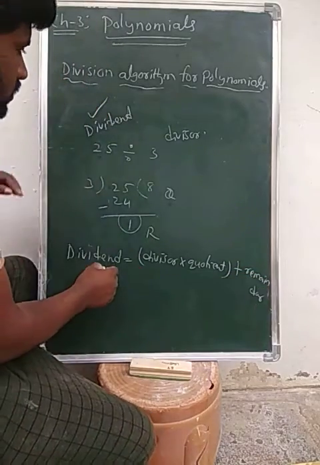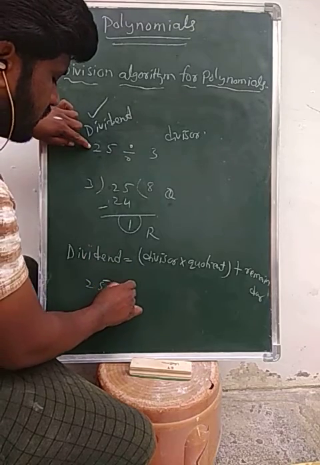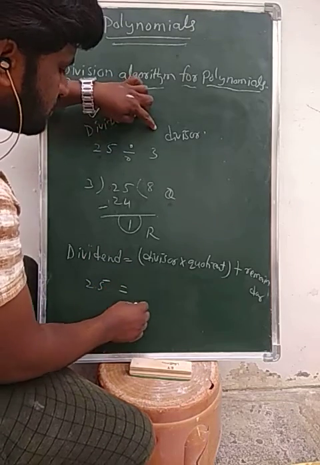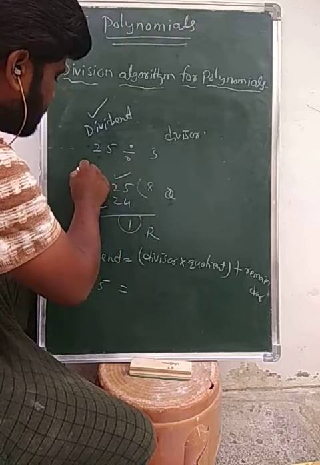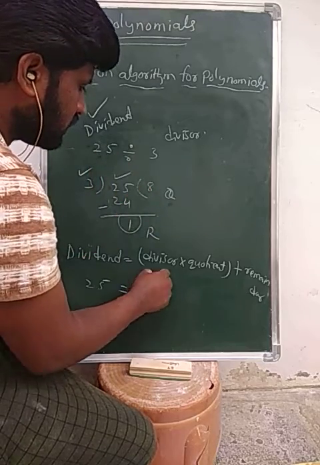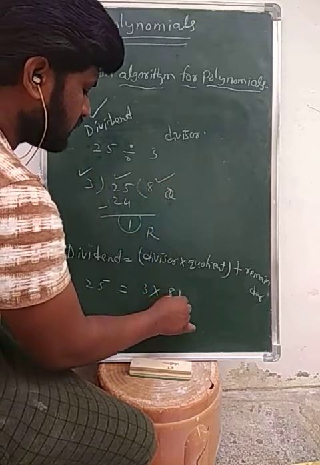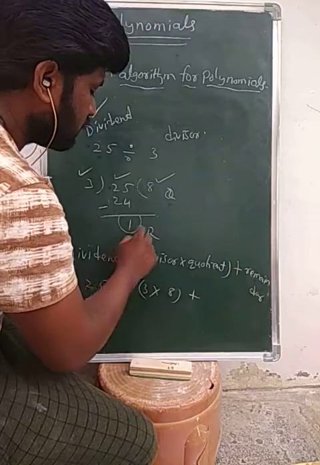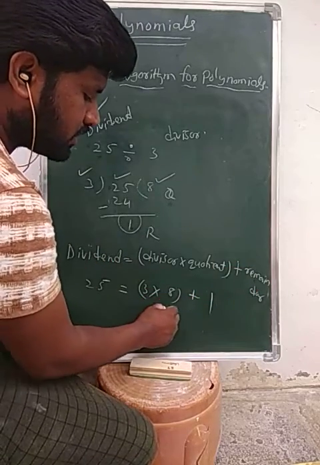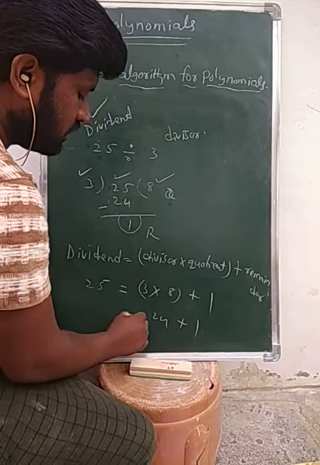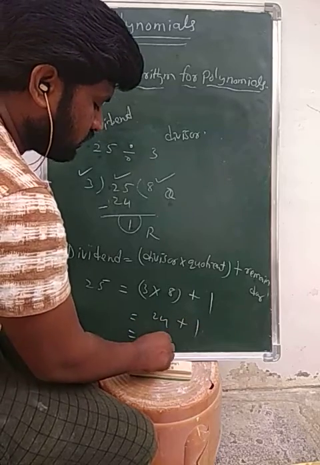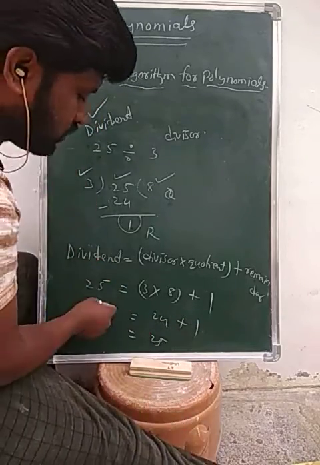Now the dividend, that is 25, is equal to divisor, this is the dividend and this is the divisor, 3 into quotient, that is 8, plus remainder, that is 1. 3 eights are 24 plus 1, 24 plus 1 is 25. So again we get it like this.